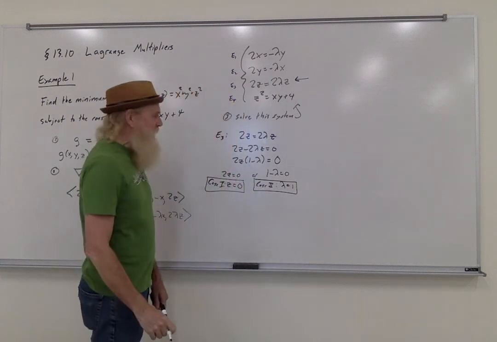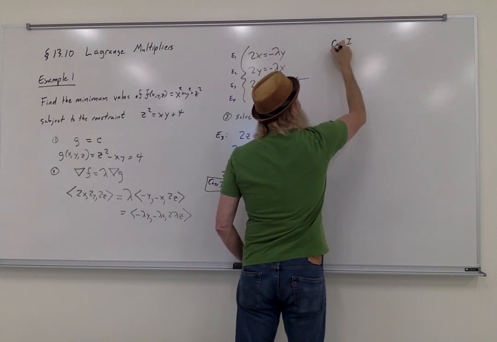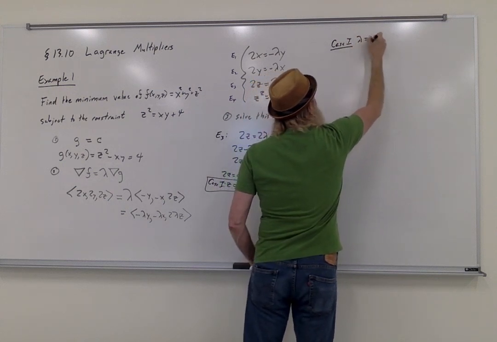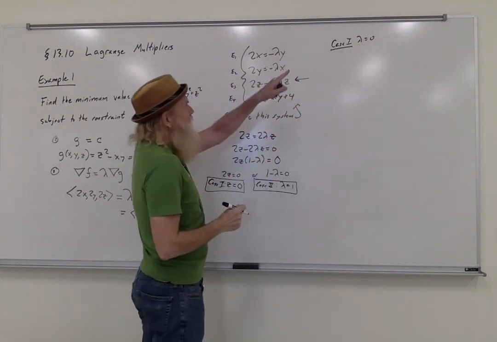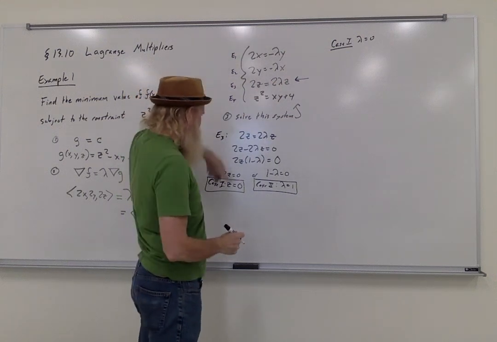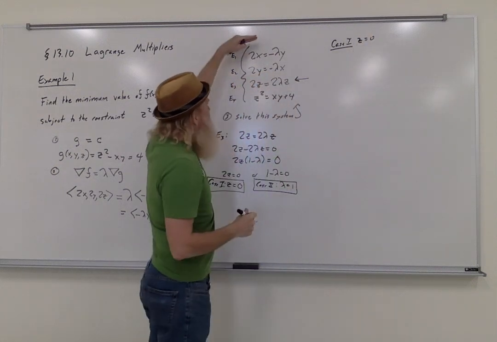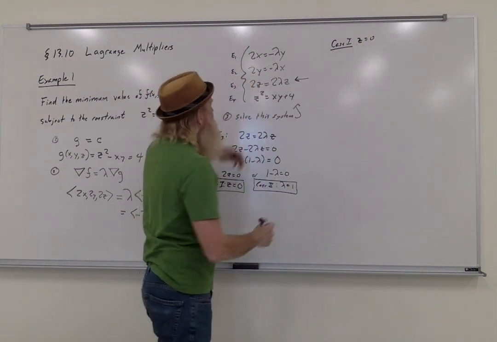So let's take those one at a time. In case 1, z is 0. So let's set z equal to 0 in all of these equations.